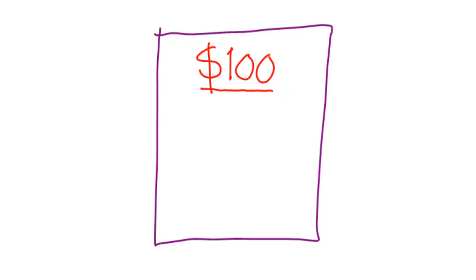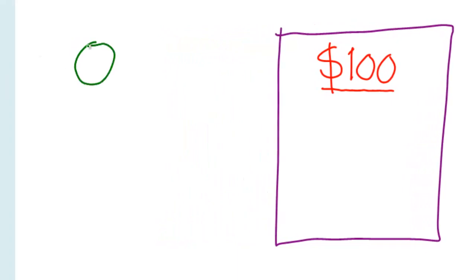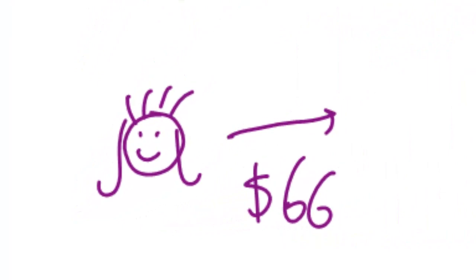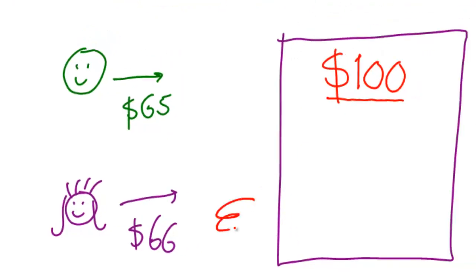So we have one of our bond investors over here, and he's prepared to pay $65 for this bond. And we have another bond investor over here, and she's prepared to pay $66 for this bond. So she gets the bond. We shake hands with her. There's my hand there. There's her hand there.